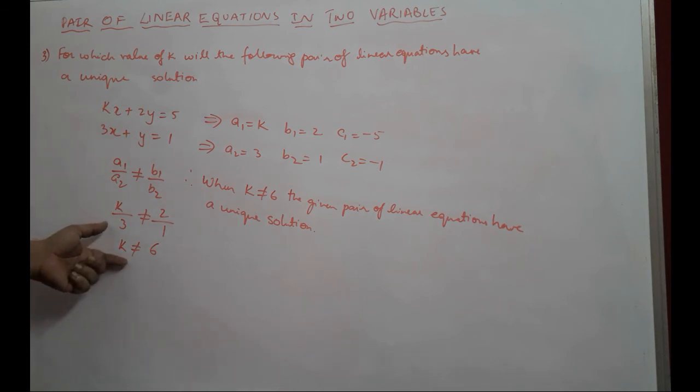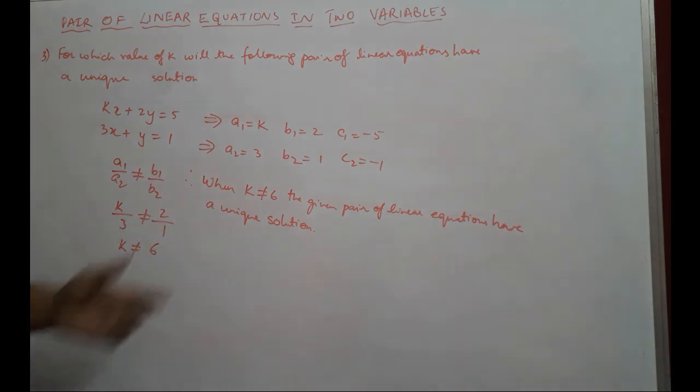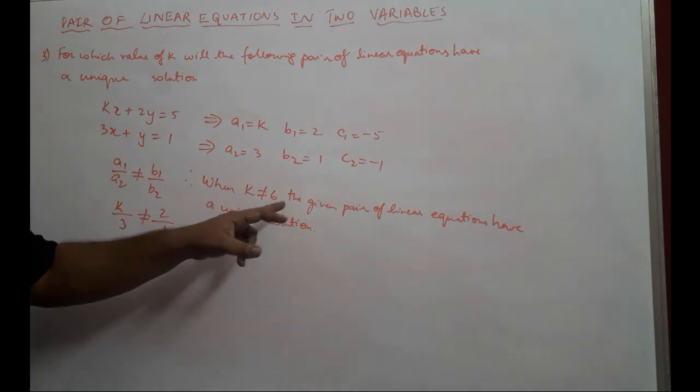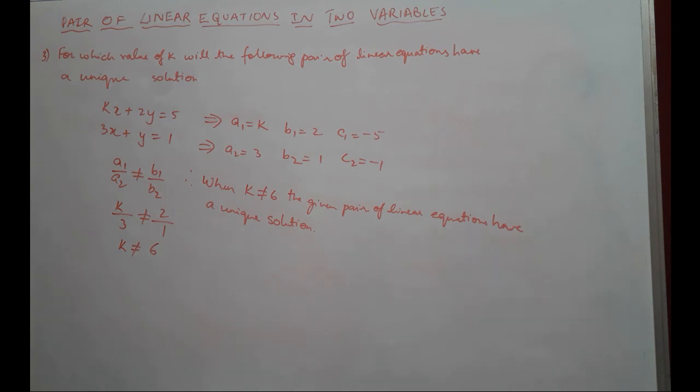So basically when k is not equal to 6, which means for any other value of k we will get a unique solution, but not when k is equal to 6. Okay, so we can also write this.